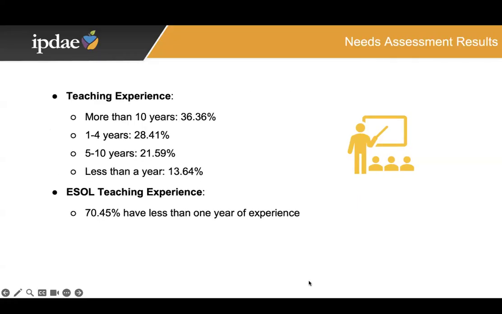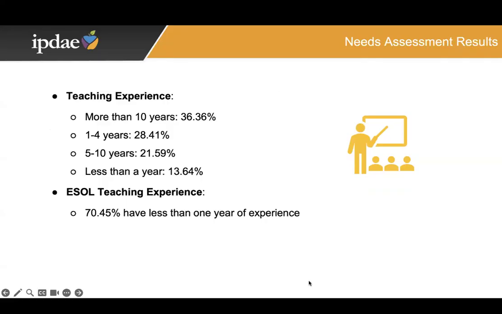Under teaching experience, we see that more than 10 years of teaching experience was around 36%, 1 to 4 years was around 28%, and 5 to 10 years was around 21%. Less than a year was almost 14%. So you can see how there's a wide spectrum as far as experience, from teachers who are coming in at entry level to those who have more experience.